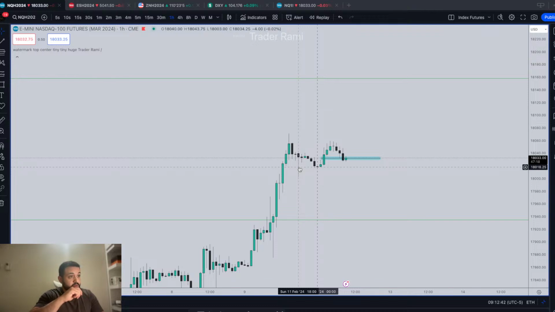So the fact that it's a level of support, I'm not looking to take any shorts unless we break that level and show that it's closing below the 50%. Because, like I said, this is algorithmic support.